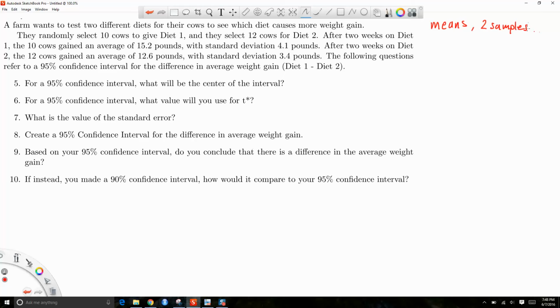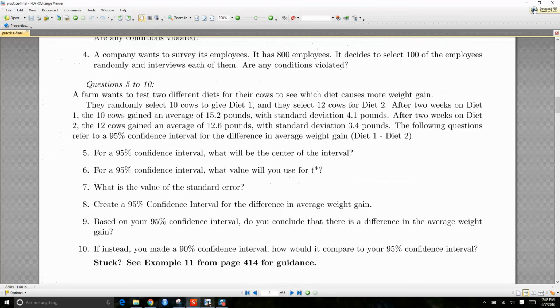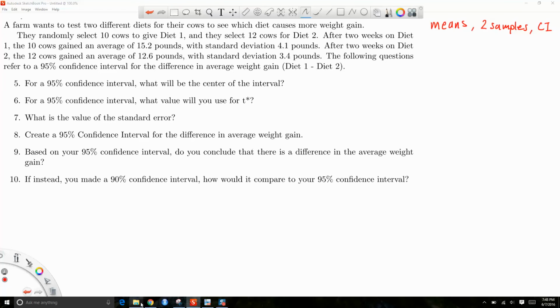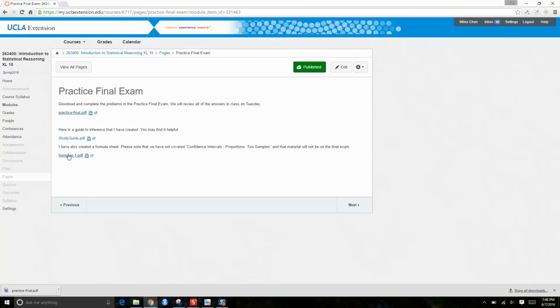Okay, and so this will guide how we're going to do this. We're dealing with a confidence interval. There's a formula sheet posted online, and there's also the study guide, the guide for inference.